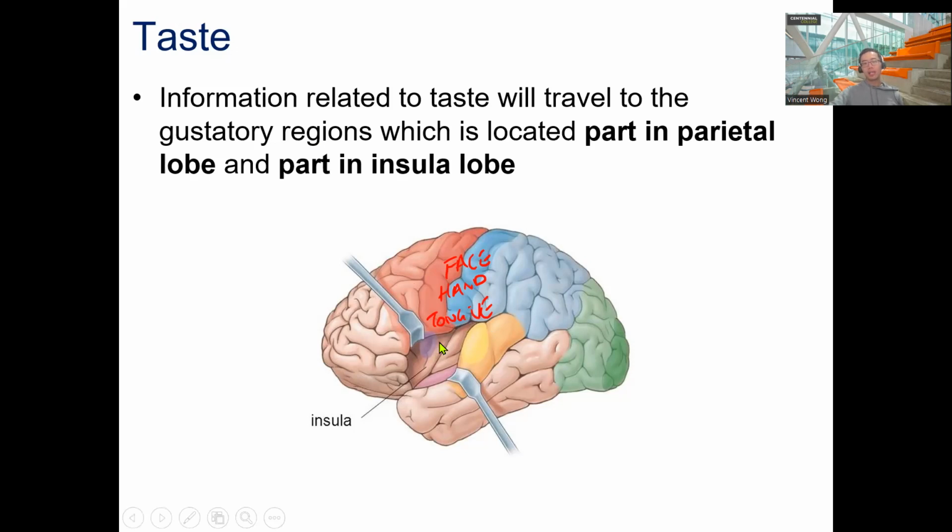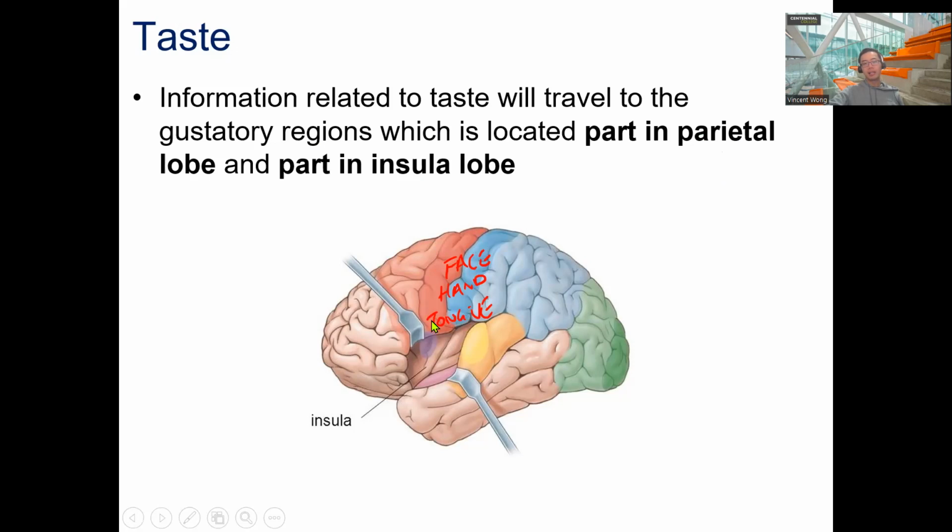So not only does the tongue give you gustatory information, which goes to the insula, but it is also responsible for somatosensory information. That's why the gustatory region is partly in the insular lobe and partly in the parietal lobe right here, for the taste.